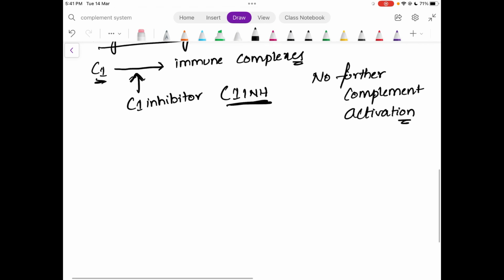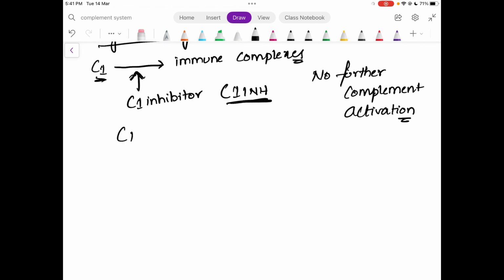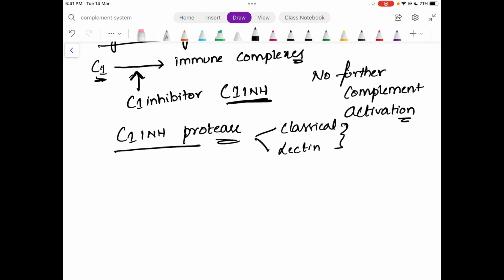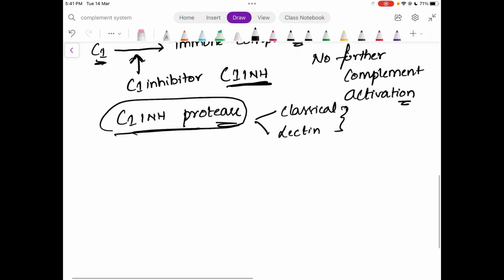This C1 inhibitor is a protease, so it will inhibit both the classical and lectin pathways. Both pathways are inhibited by the C1INH protease inhibitor. This will prevent attachment of C1 to immune complexes and no further complement activation will occur.